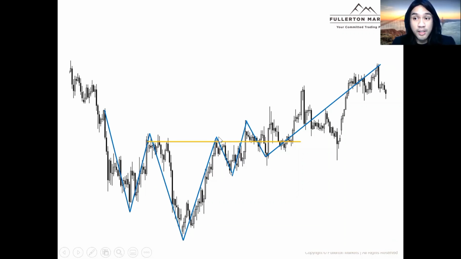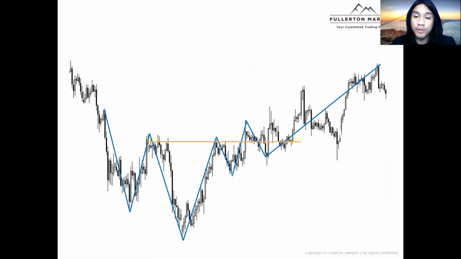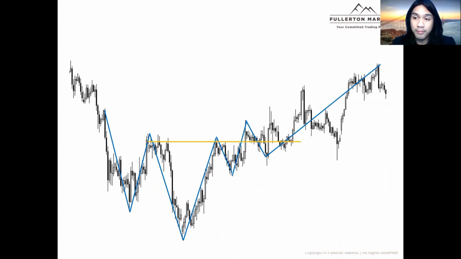But since our stop loss is down here, our trade is alive and well. Prices do move towards the upside, we take profit and we make some money off of the Forex markets.